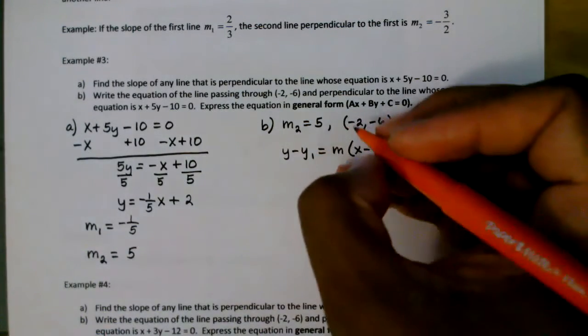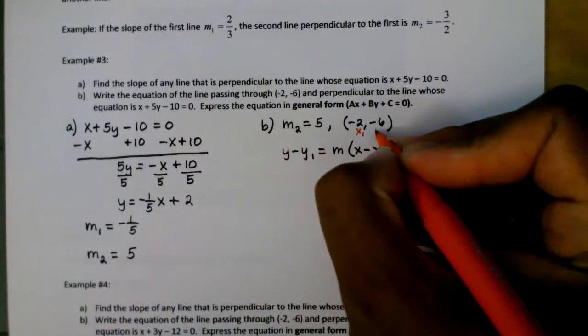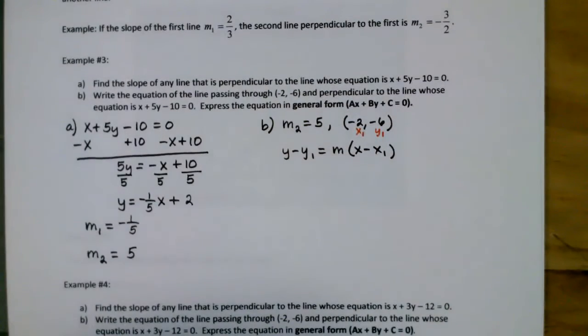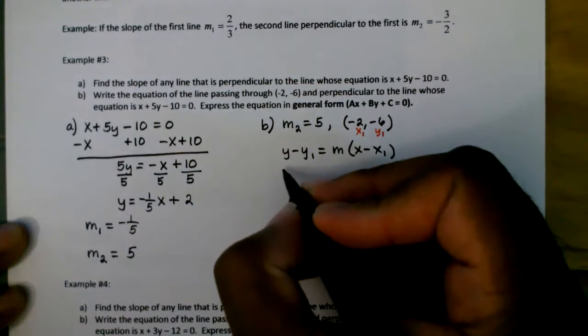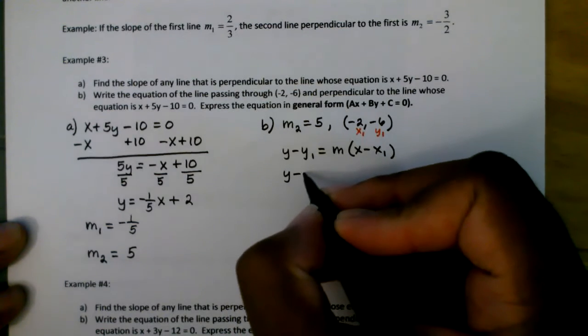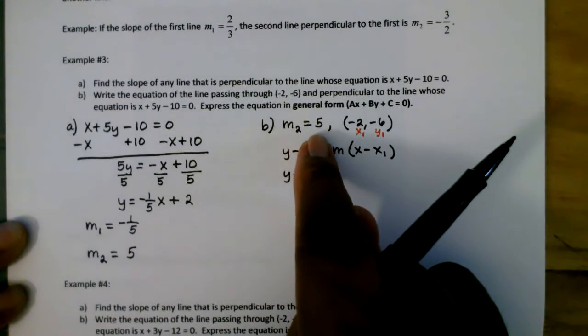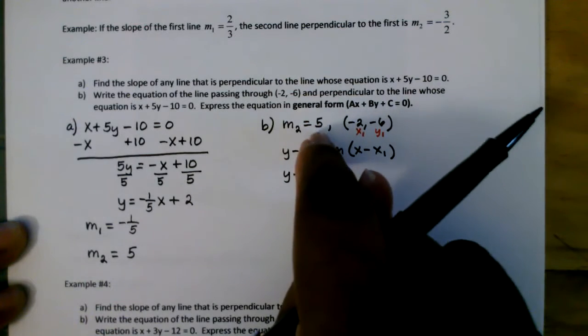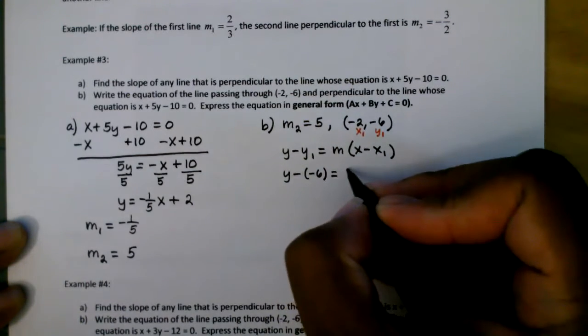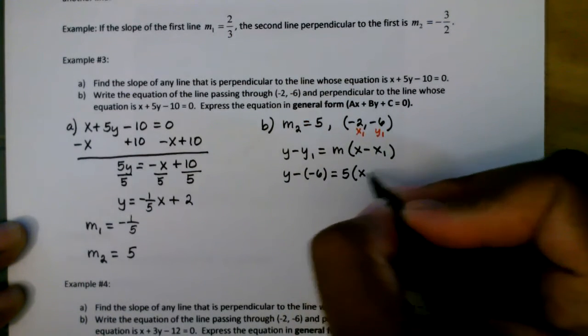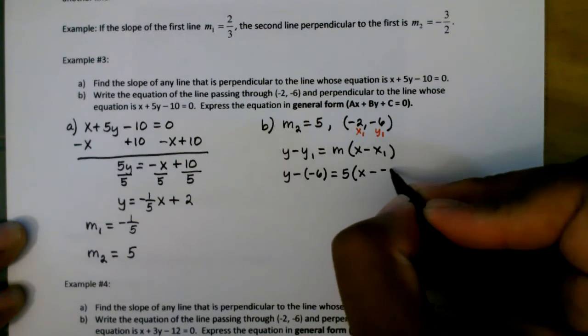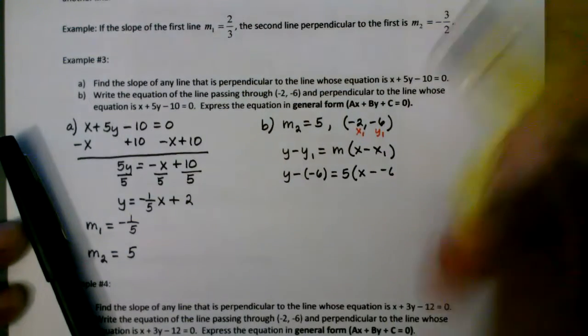So in this case, your x1 is -2, y1 is -6, and we do our substitution here. So here we're going to have y minus y1, which is -6, equals the slope we're using, the perpendicular slope of 5, times the quantity x minus x1, which is -2.